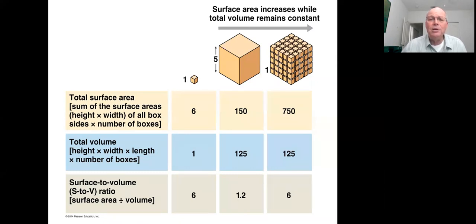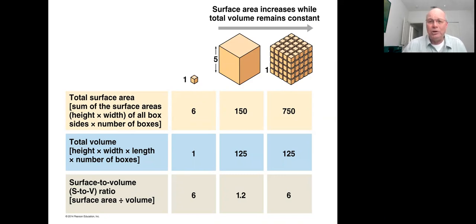So how can you allow a cell to get bigger and still maintain a constant or a near constant surface area to volume ratio? And as you might guess, it's the solution that eukaryotic cells have. Divide the inside of the cell into separate compartments surrounded by membranes.